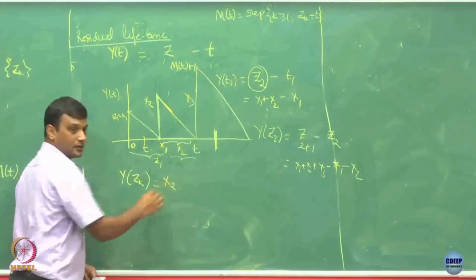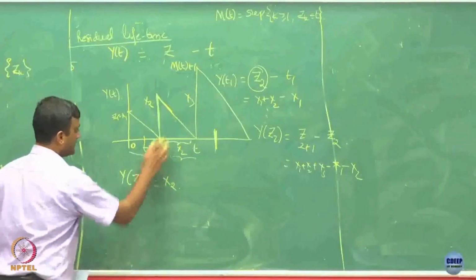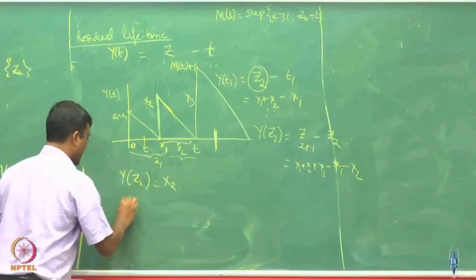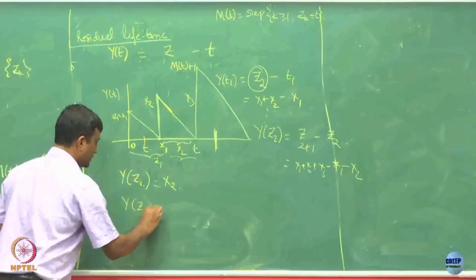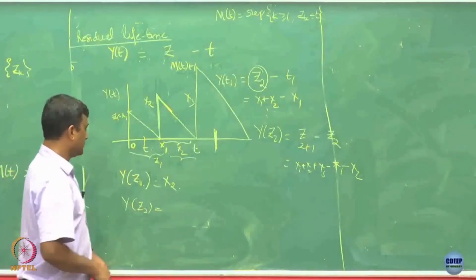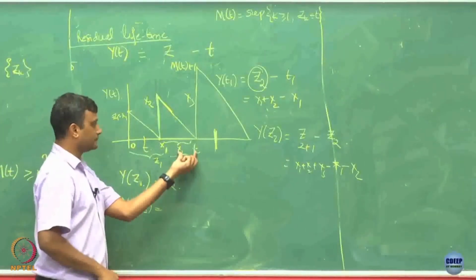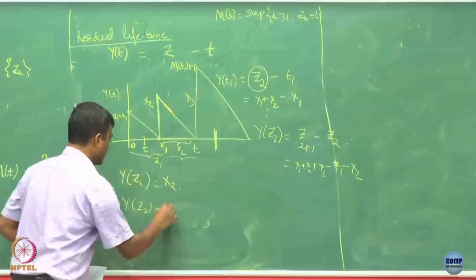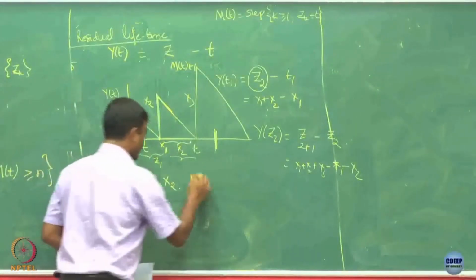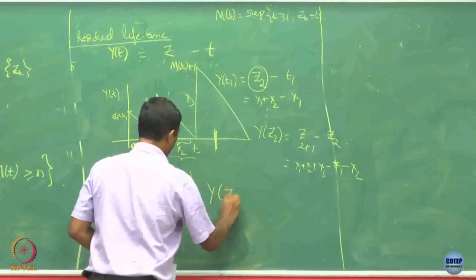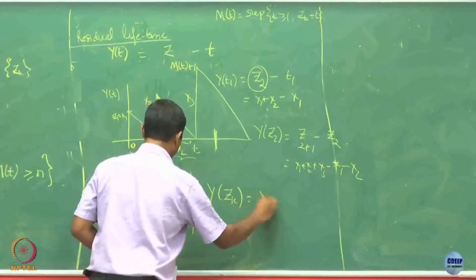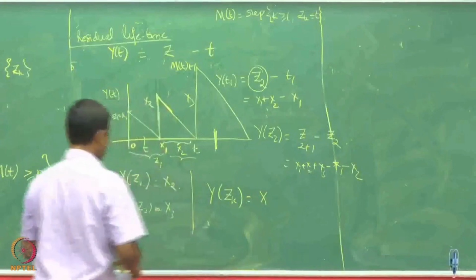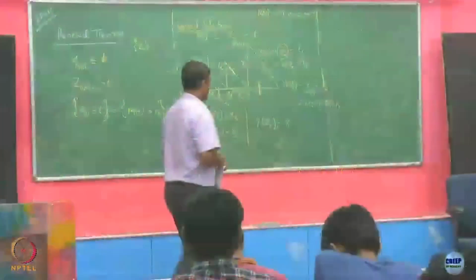And what happens to y equals to z2, that is at this point, it has become x3. So in general, based on this, can I write y of zk is equal to x k plus 1?